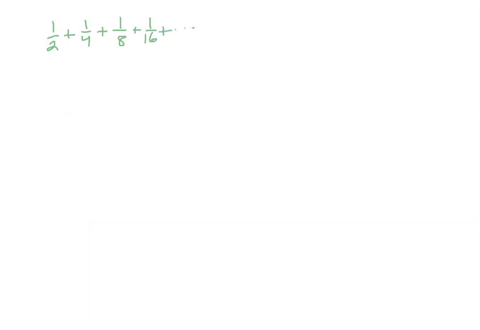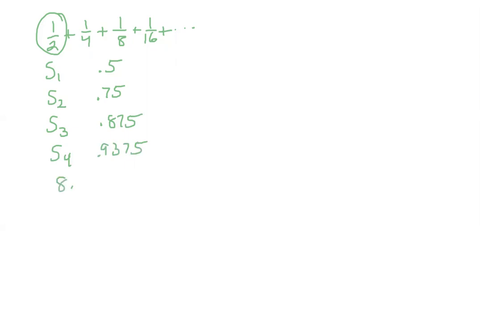Okay, if S1 is a half, that would just be one term. S2, if we add the first two together, we get 3/4. If we add the first three together, we get 0.875. If we add the first four, 0.9375 up to 5.